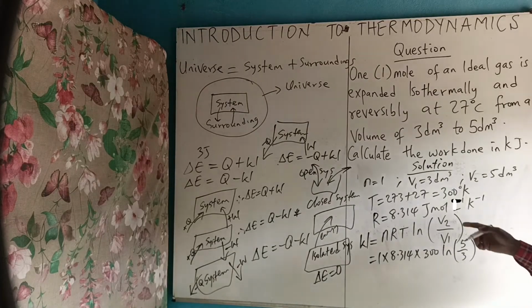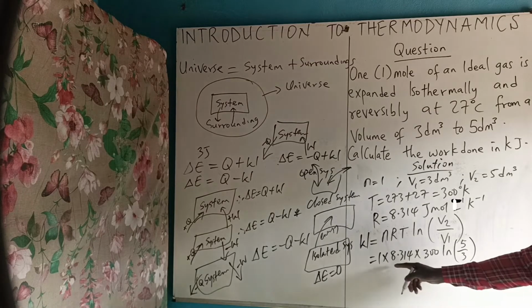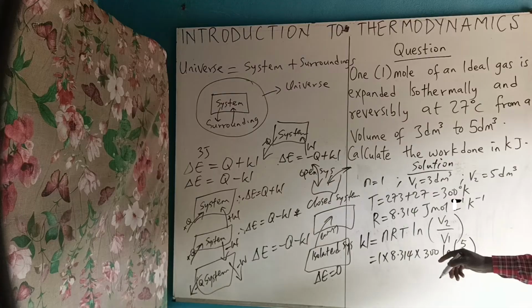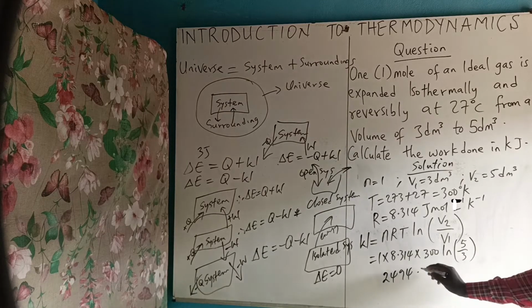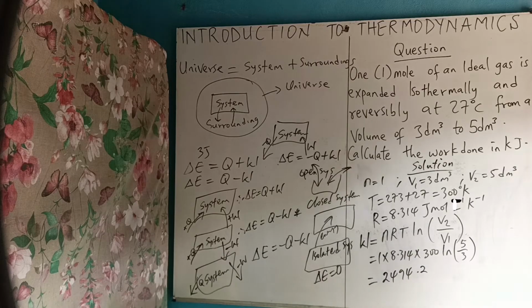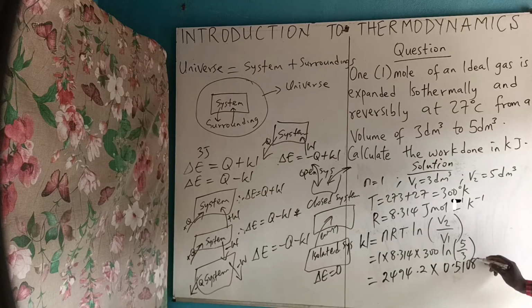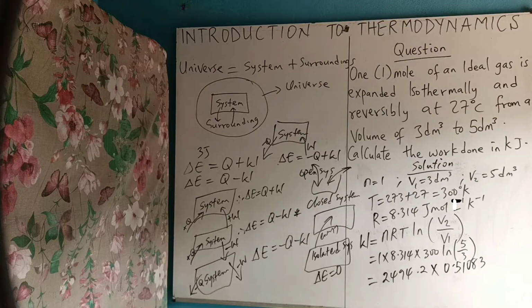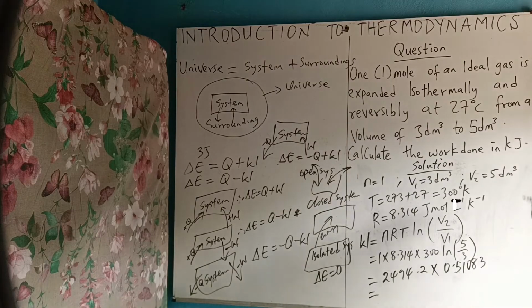Using your calculator, 8.314 times 300 gives 2494.2, then times ln 5 over 3. Just use your calculator, ln 5 over 3 is 0.551083.